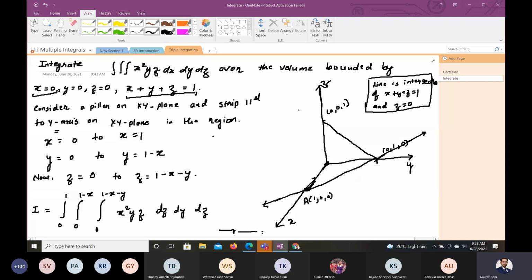Then the limits are going to be a bit different. If I take the strip parallel to Z axis, the strip will be like this. Once I have covered this plane, my pillar will start from this plane and come to this side.